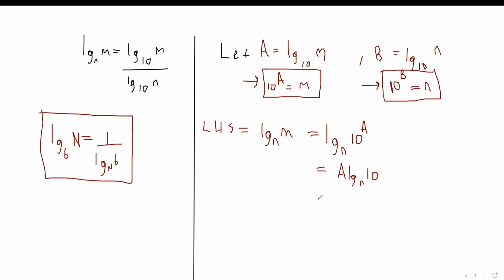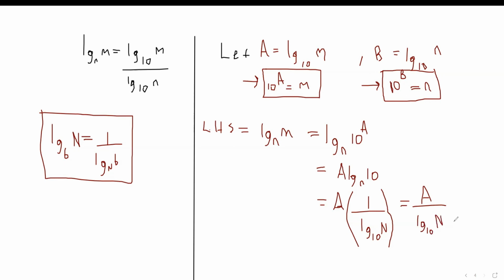So applying that here, this becomes A times, in brackets, 1 over log to base 10 of N, which works out equal to A over log to base 10 of N, right, Marika?